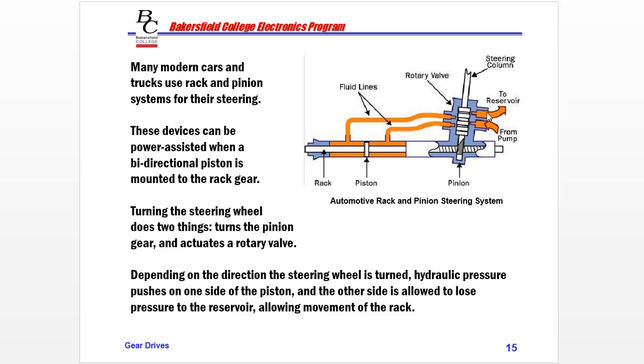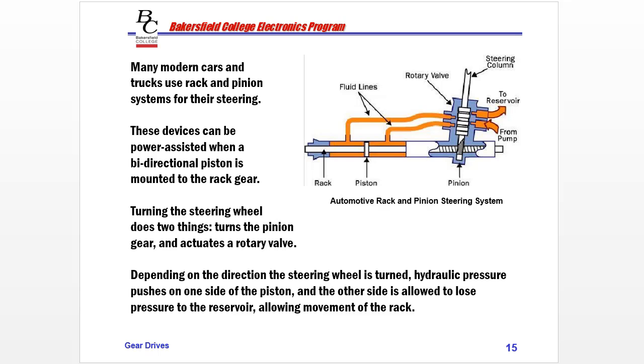So the rotary valve is taking hydraulic fluid from the pump and it's helping push this piston. So it will go from the pump back to the reservoir, or it will go in the opposite direction in the other fluid line to help push the rack the opposite direction. So it's actually using hydraulic fluid to help push this rack back and forth in here.